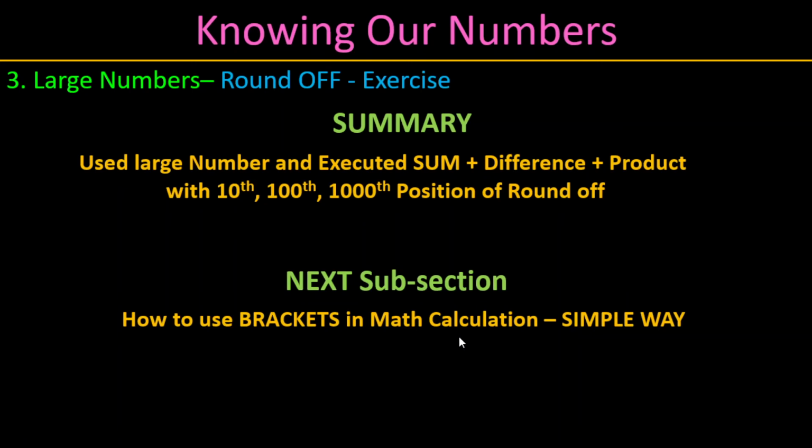I will also explain the order of operations in mathematics. For example, if you have a combination of plus, minus, division and brackets, which one you have to go first, which one next, and what is the order of operations, everything will be explained. That is very important for going further in mathematical calculations as well as in higher studies. So this is the basic and we are going to explain it in the coming chapter.